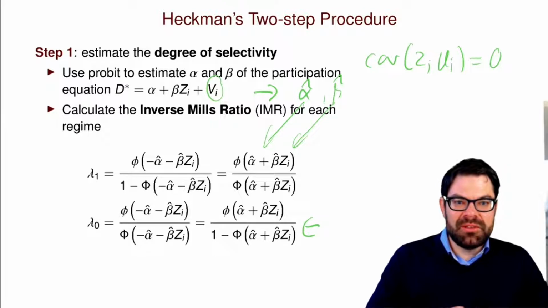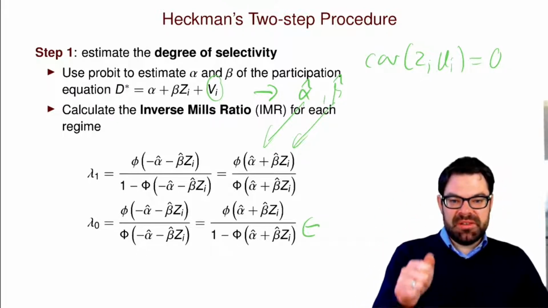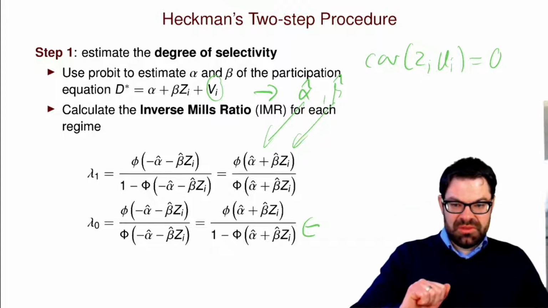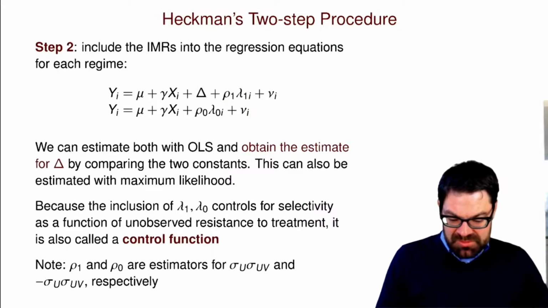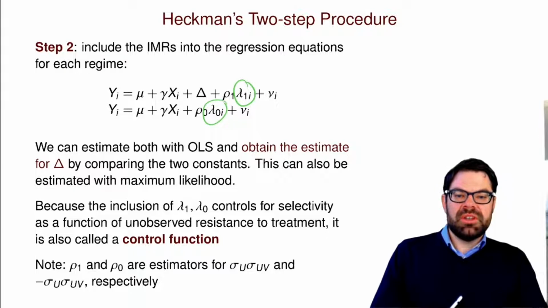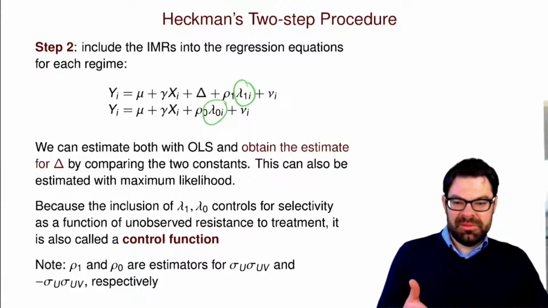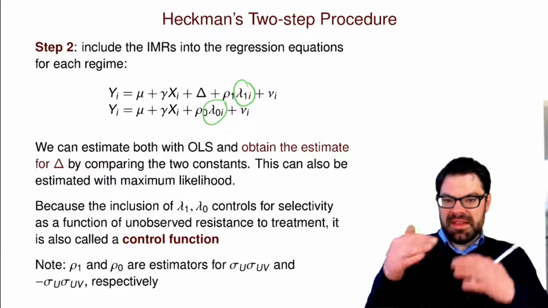Now, again, back to the two-step procedure. First step is we estimate the parameters that then go into the inverse Mills ratio, and then we plug the inverse Mills ratios here simply into the regression equation. And then we can either simply estimate the first one and the second one and compare the intercepts, right?